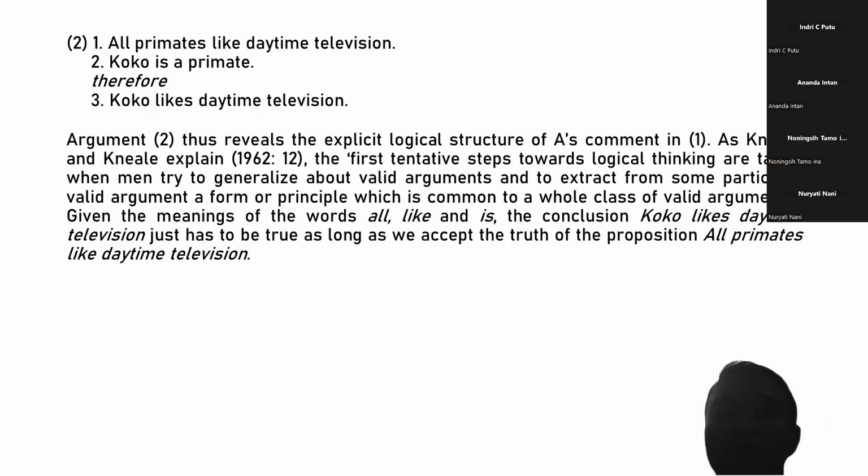Argument 2 thus reveals the explicit logical structure of A's comment in 1. As Neil and Neil explained in 1962, page 2, the first tentative steps towards logical thinking are taken when men try to generalize about valid arguments and to extract from some particular valid argument a form or principle which is common to a whole class of valid arguments.